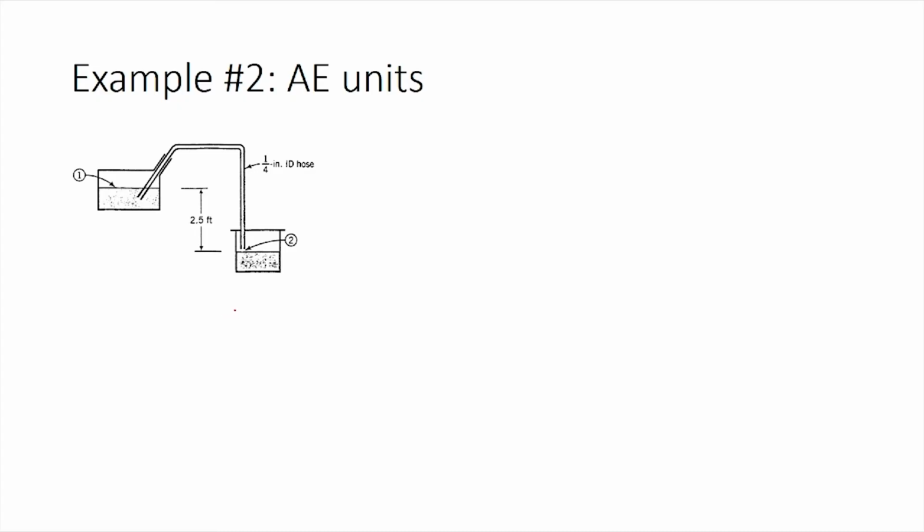So, what you would have is u2 squared divided by 2 times feet squared per second squared divided by Gc, which would give you units of pound force divided by pound mass times feet per second squared.